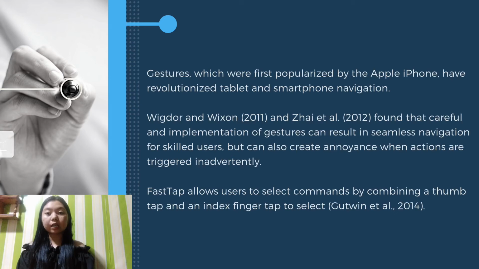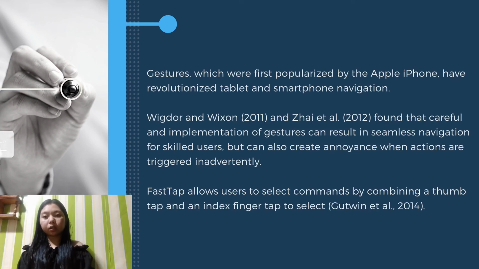Gestures, which were first popularized by the Apple iPhone, have revolutionized tablet and smartphone navigation. Still, they can be hard to discover and learn and have few or no affordances. Redundancy is recommended. An alternate traditional way of selecting the action may be needed instead of relying solely on gestures.